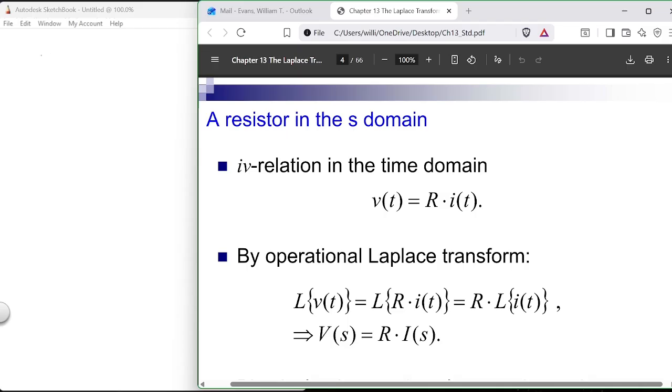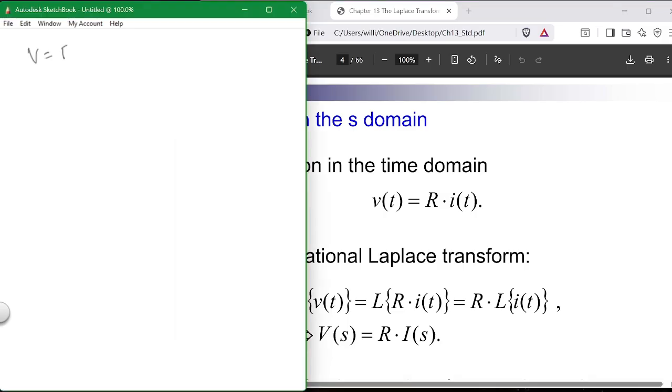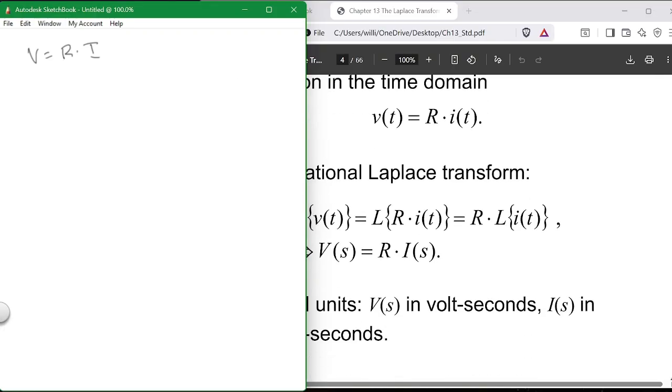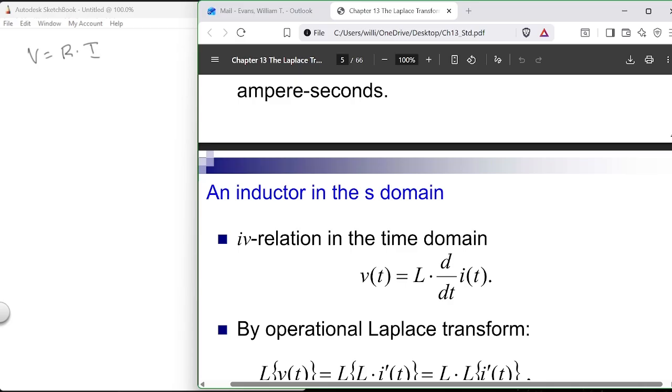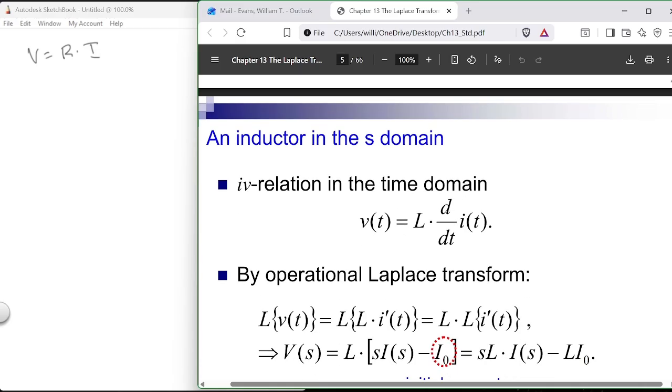So if you write V is equal to R times I, you're in the S domain, so you can drop the parenthesis S. You can explain it by rooms: I'm in the time room, or I'm in the frequency room, the S room. This is the rule for resistors.